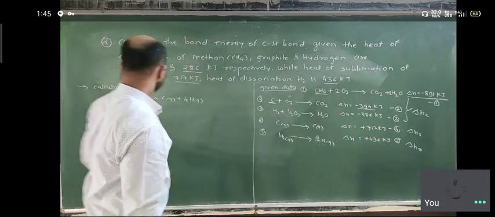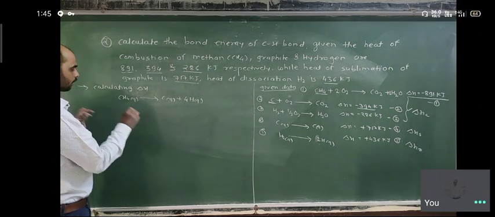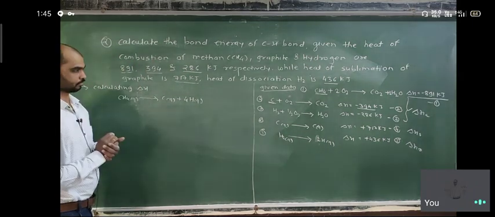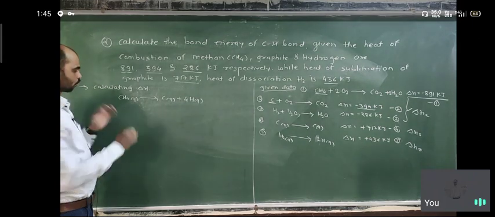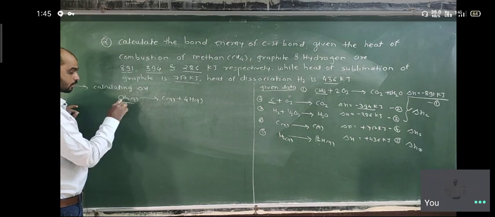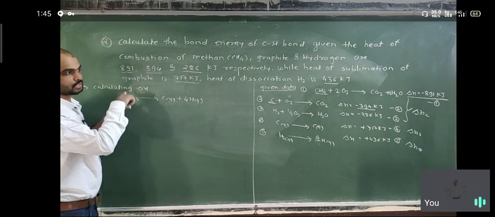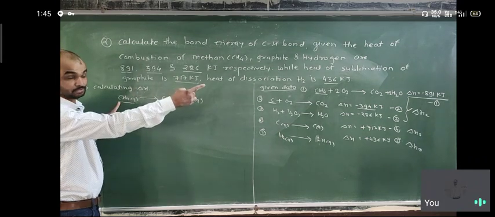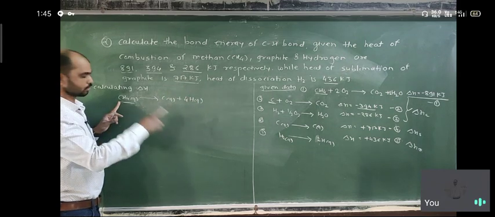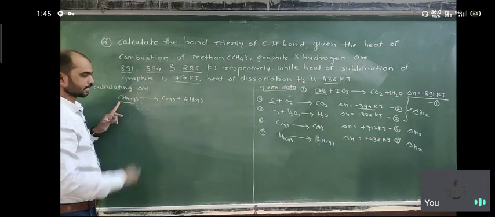All the energies we put here. Okay. And what is the aim of the given problem? Calculate the bond energy of CH4, meaning the CH bond. So we need to calculate the total energy of CH4. But CH4 first of all converts into, the first equation is very important, because CH4 undergoes a combustion reaction.